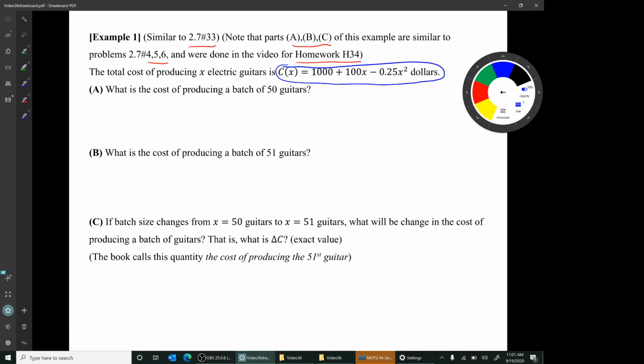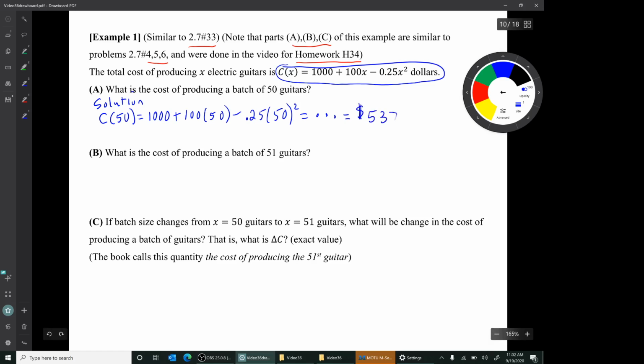So question A is, what's the cost of producing a batch of 50 guitars? So the result is that the cost of producing 50 guitars is $5,375. We computed that in the video for homework 34.